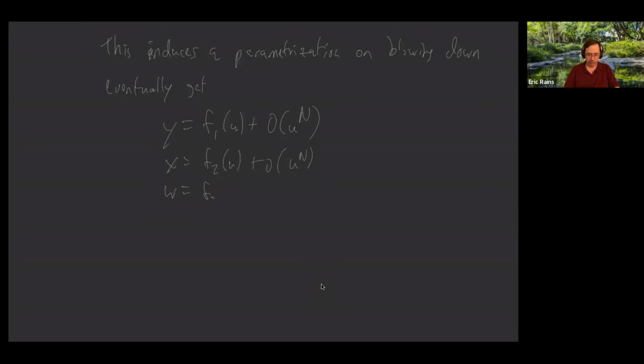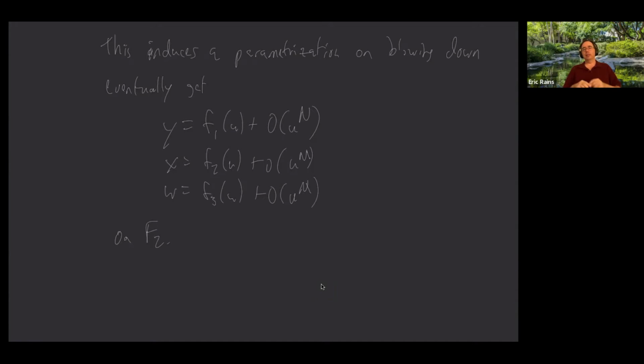And then W will be some, I guess these could be different approximations. So when we trace everything down, this approximate parameterization upstairs turns into an approximate parameterization on the original ruled surface.